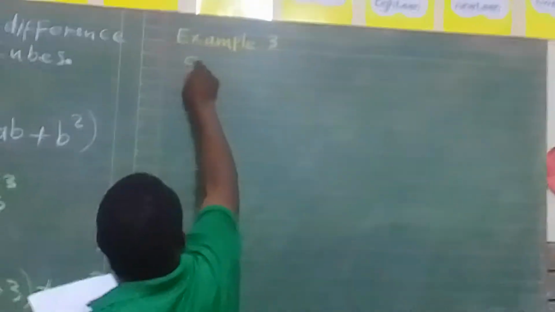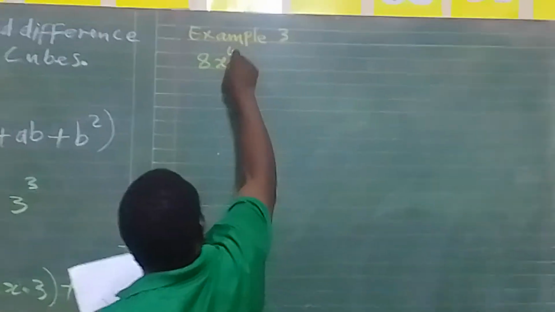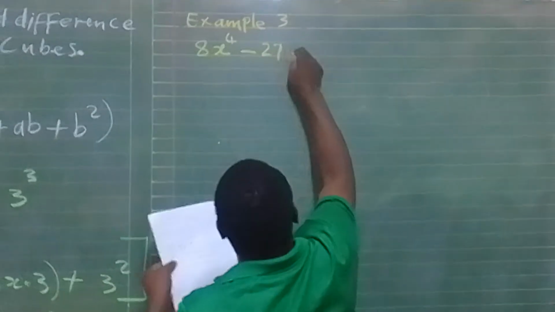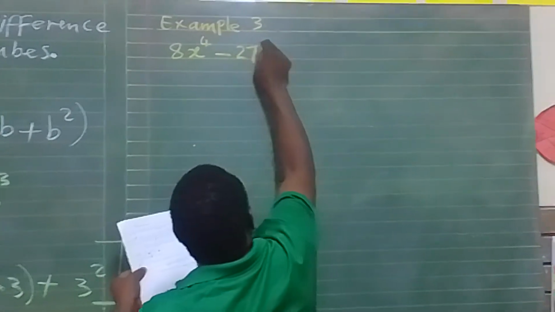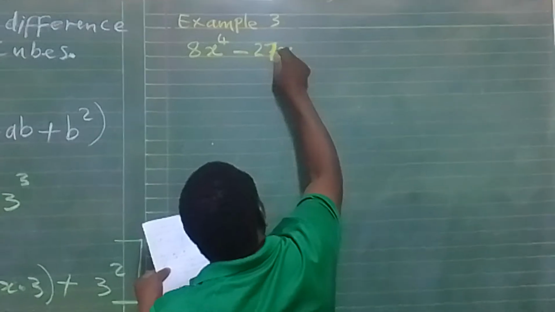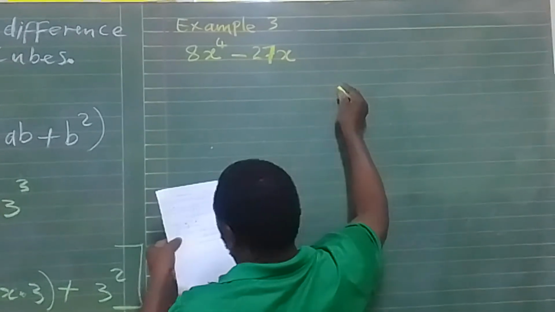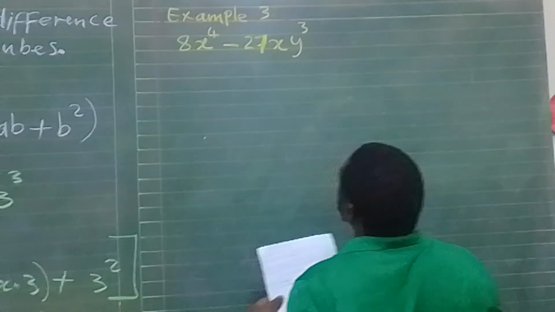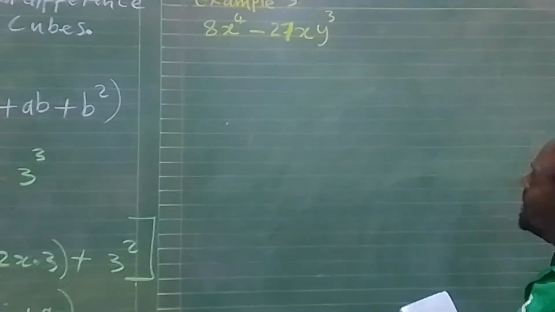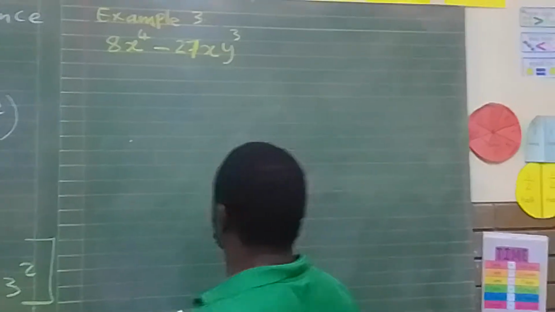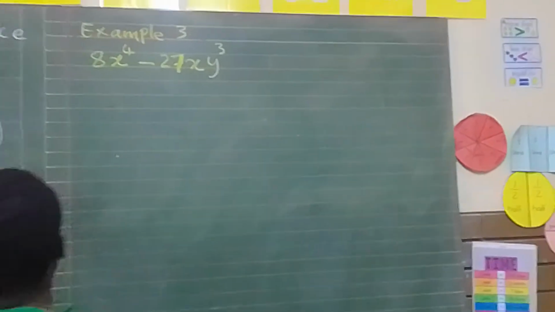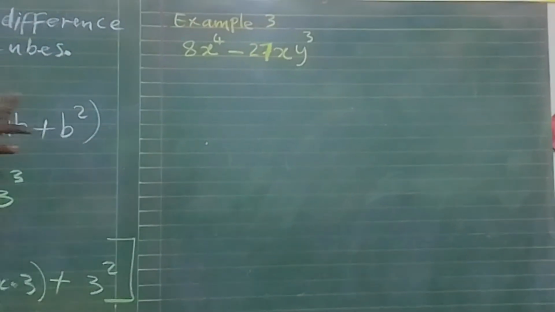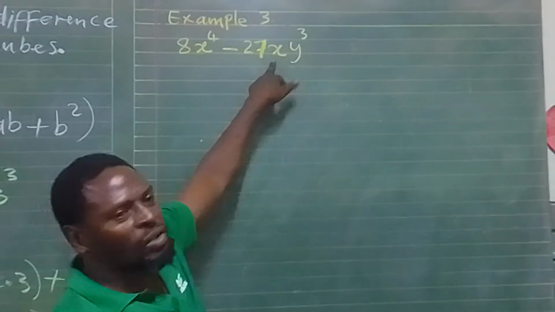You are given 8x to the power 4 minus 27xy cube. Now you can say, what is Uncle Pythagoras doing? Because we used to do with 3, which is cube. Now this is not a cube, and this x is not a cube.